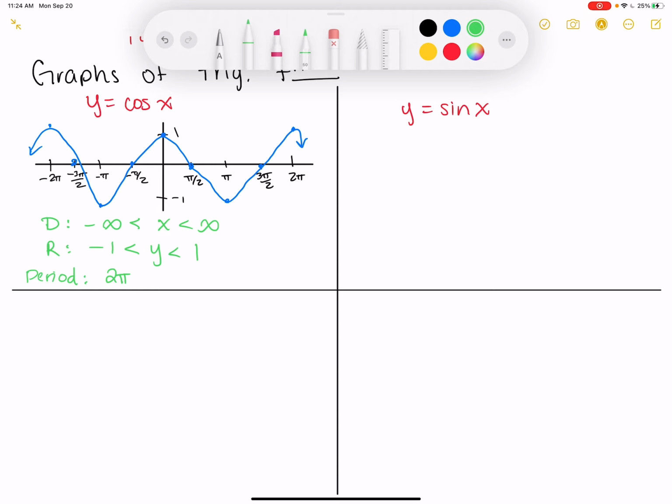And obviously we know sine is going to be very similar. It's just going to be starting at 0 instead of at 1.